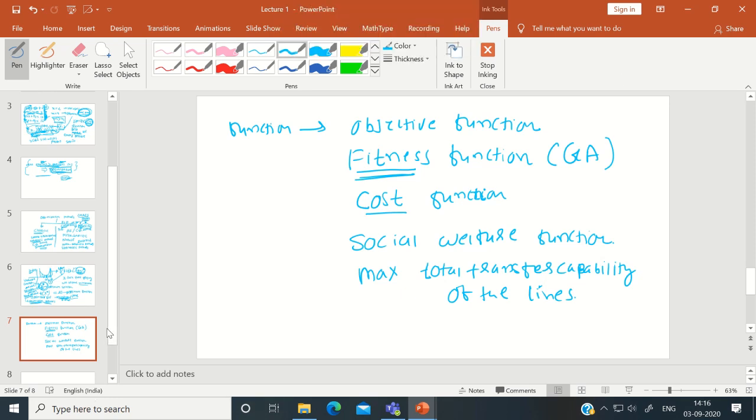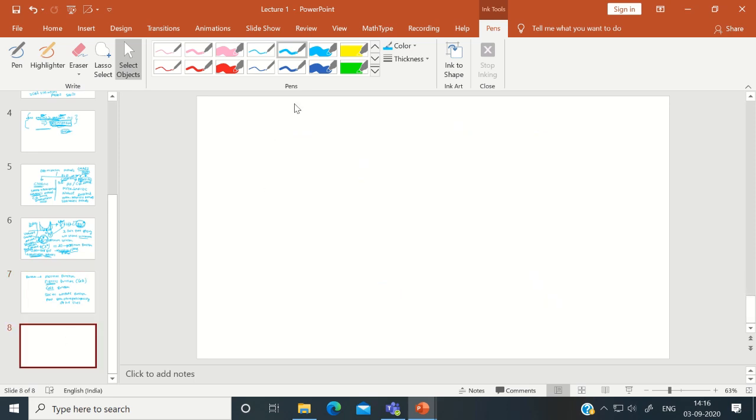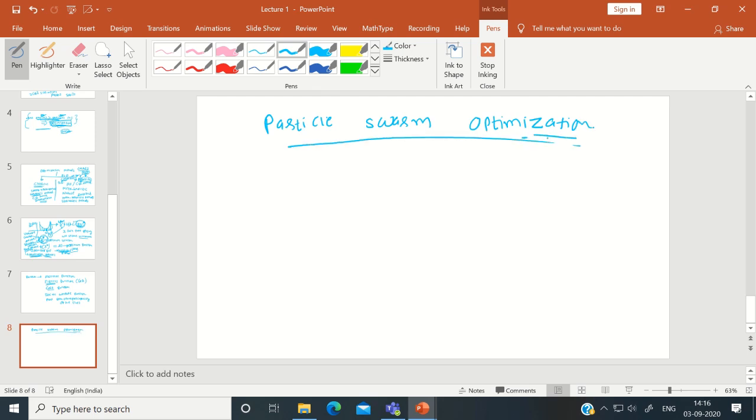Now we will start studying the most powerful computational intelligent optimization method, which is known as the particle swarm optimization method, which is in short known as PSO.